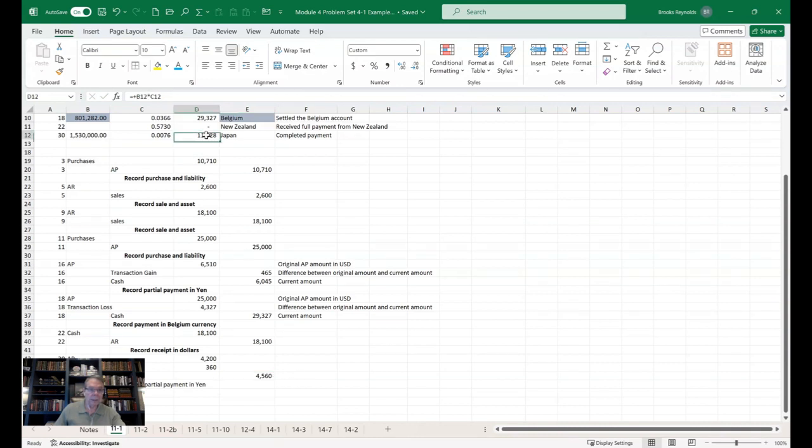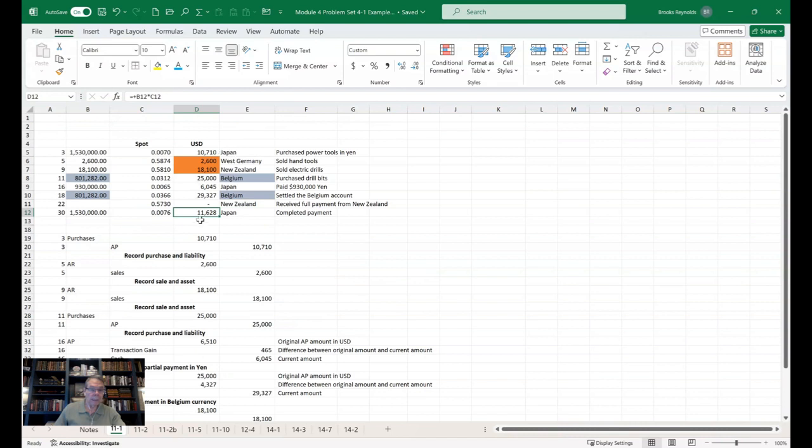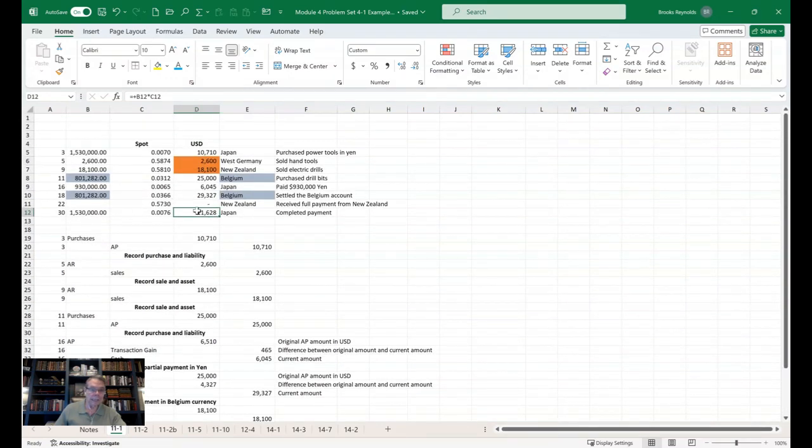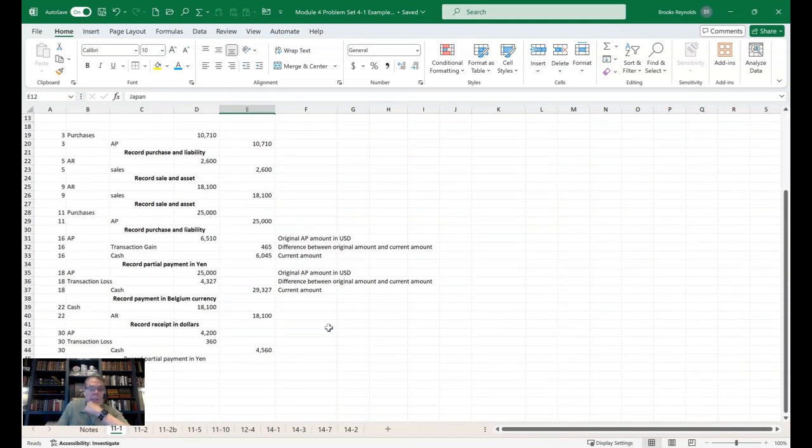And so you can see here that really we're ending up paying 11,628 over the 10,7. Well, that actually doesn't work because we paid a different exchange rate. So anyway, we ended up paying that. We had a remaining AP balance of that. So the difference, debits equal credits, is a transaction loss of 360.